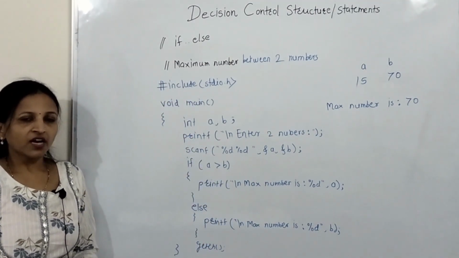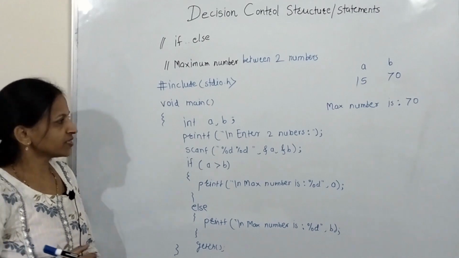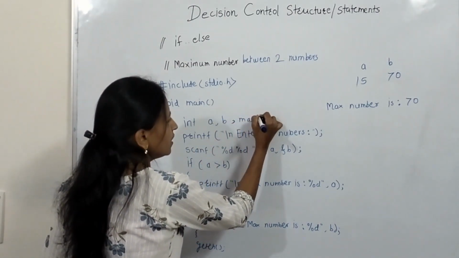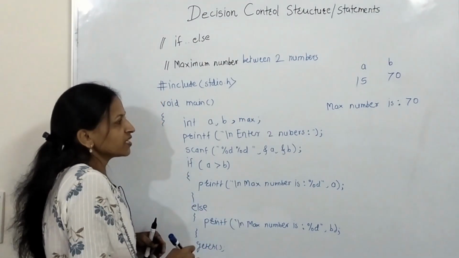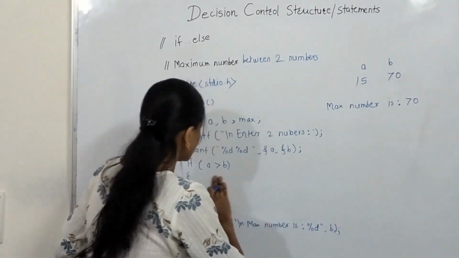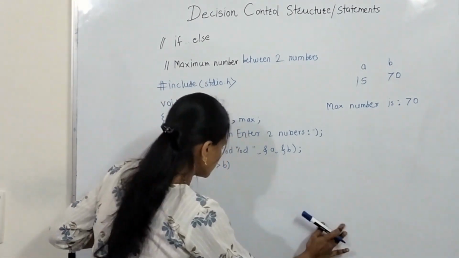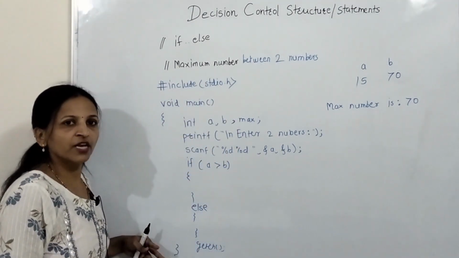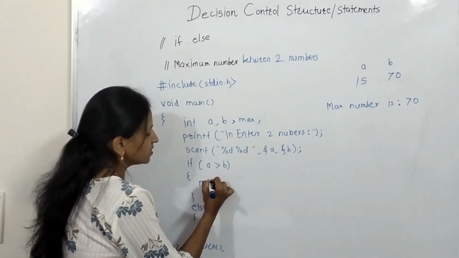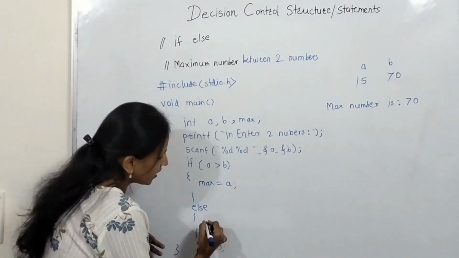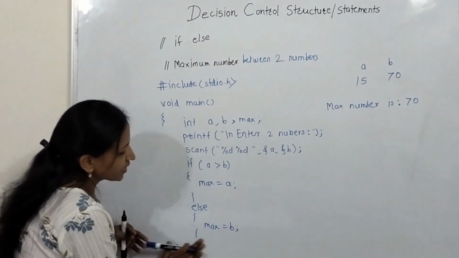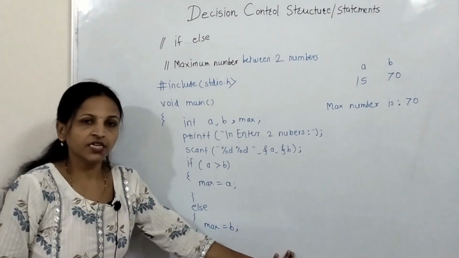Now one other way of doing the same program is like this. We can declare one more variable here, a max variable. In that max we can store the maximum value. Instead of displaying directly the maximum number, we can store the maximum value inside that max variable. If A is greater than B, max is A, and otherwise max is B, and whatever is inside that max, that we can display here.